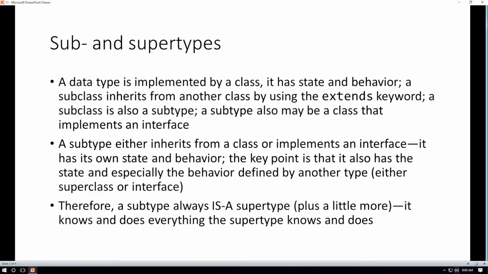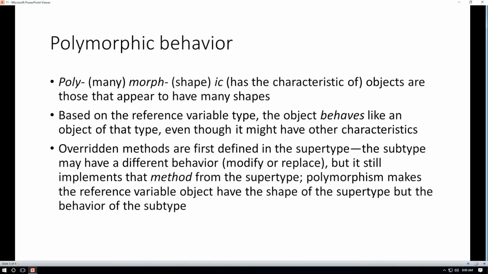Anytime we're talking about the supertype, be it the interface or a superclass, the subclass is considered one of those also. The subclass may have more to it and usually does.